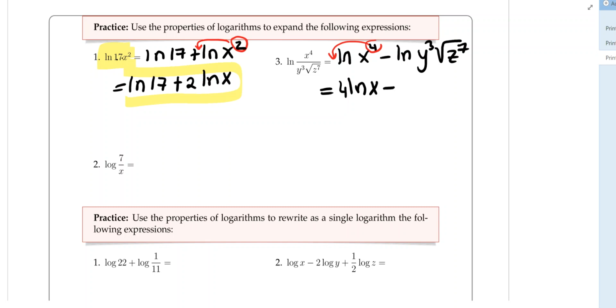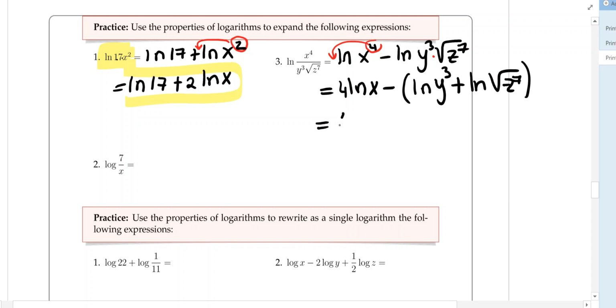Now in this right here, I have ln of a quantity, which is y cubed, times another quantity. So I can furthermore use the property that tells me that this is going to turn into ln of the first quantity plus, because this is multiplication, ln of the second quantity.